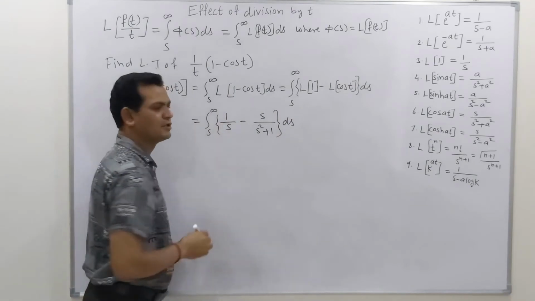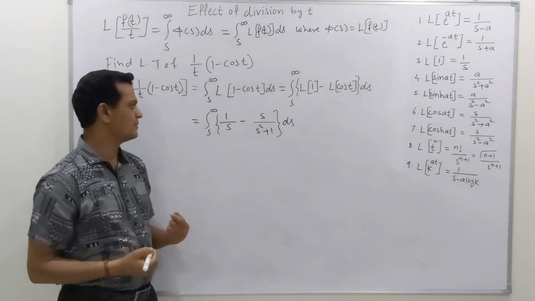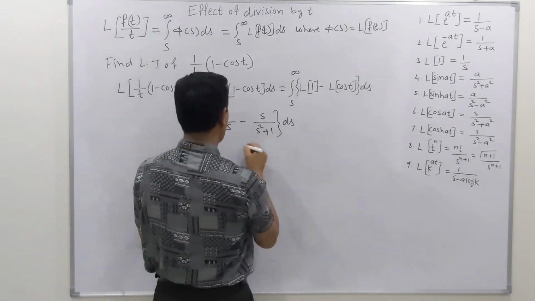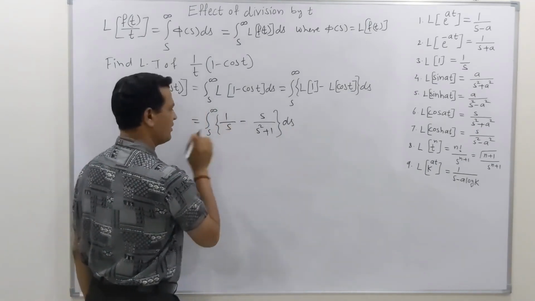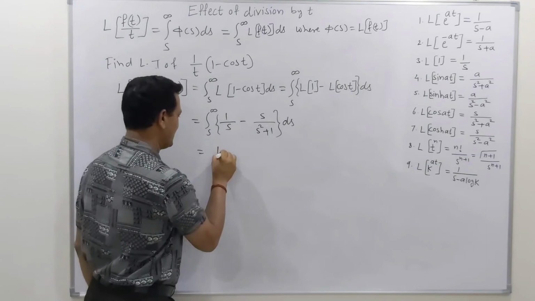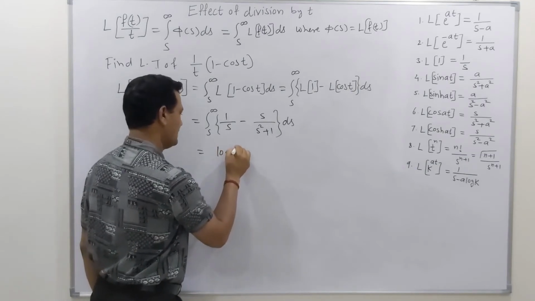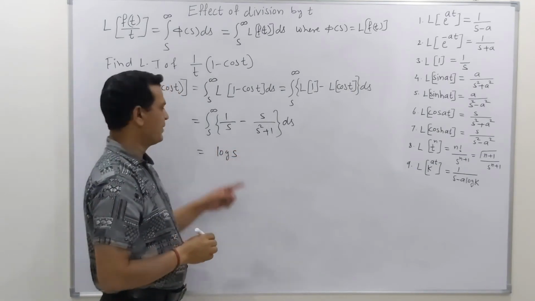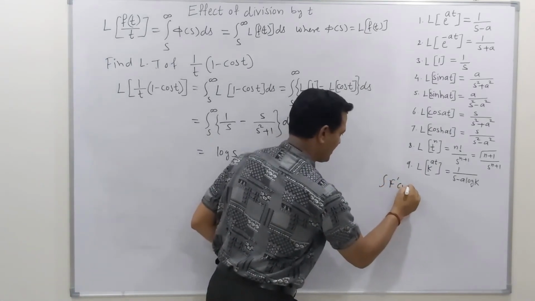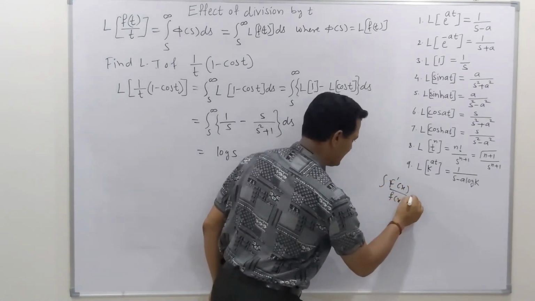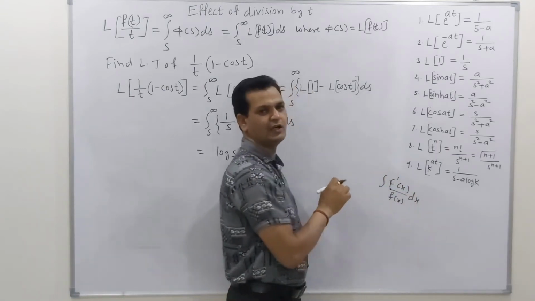Now the next step is to find the value of the integration of this term. The integration of 1 upon s is log of s. For the second term, the derivative of the denominator should be present in the numerator.